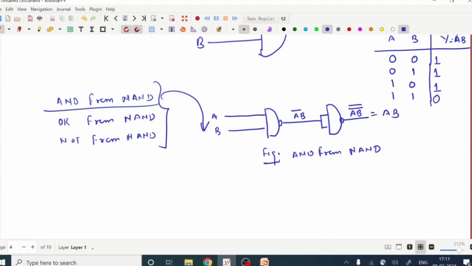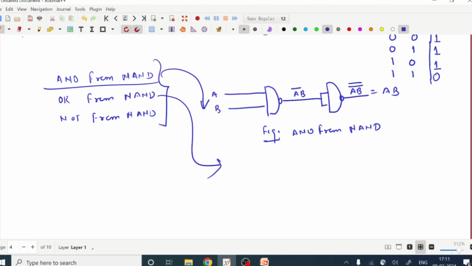Another is the OR from NAND. How do we design OR from a NAND gate? For designing OR from NAND, we take the first input A and supply the same input to both inputs of a NAND gate. This gives A complement.